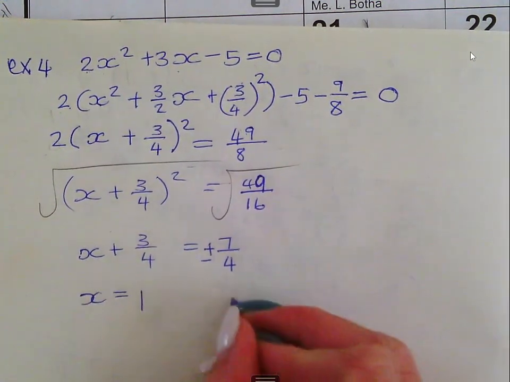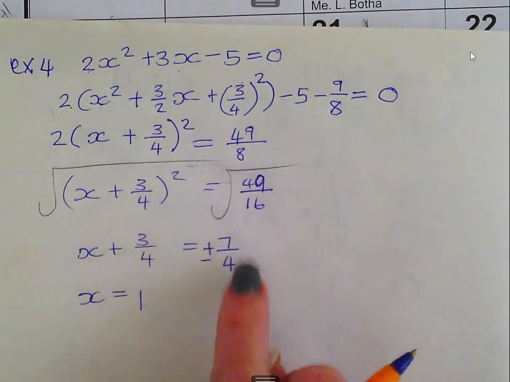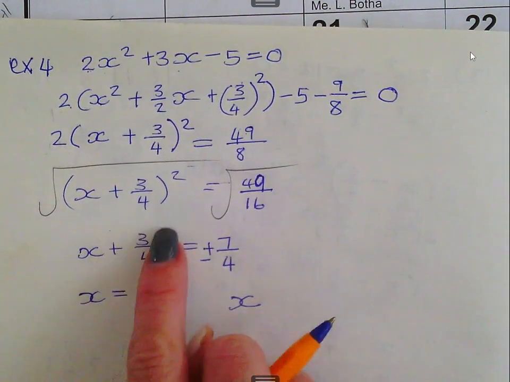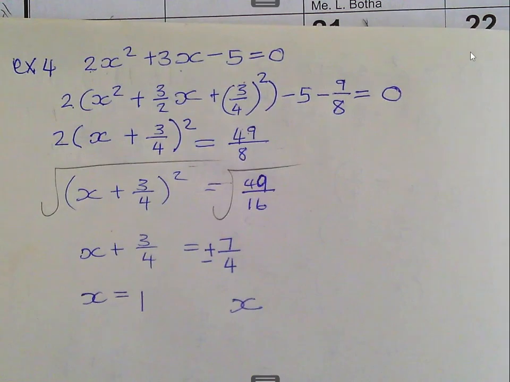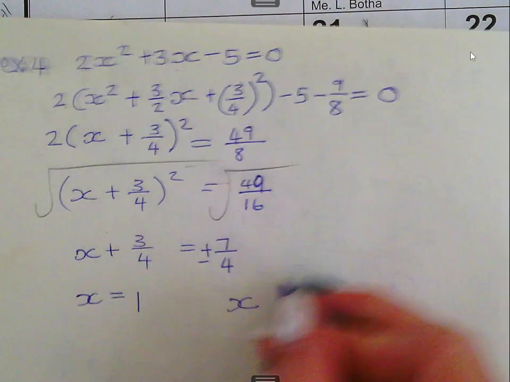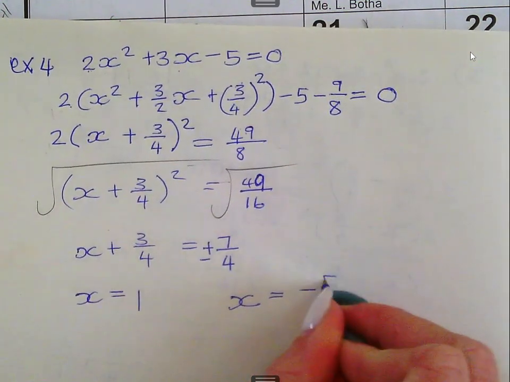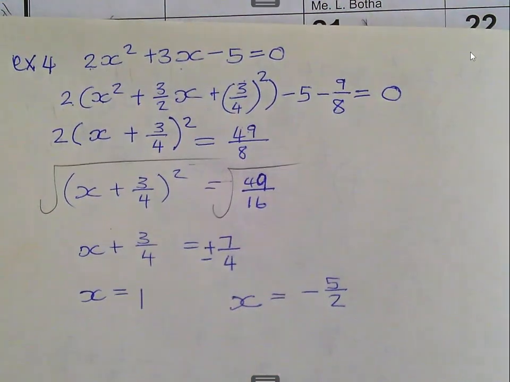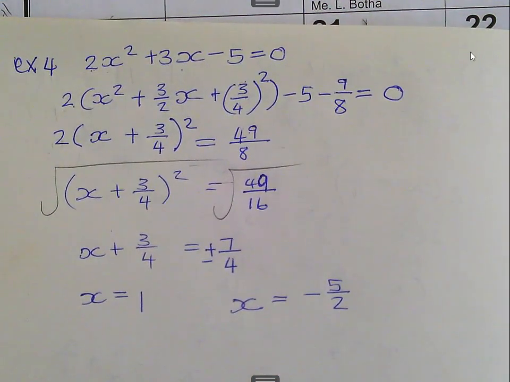And the other one I have is negative 7 over 4 minus 3 over 4. That gives me negative 10 over 4, which is equal to negative 5 over 2. That's negative 2.5, no?